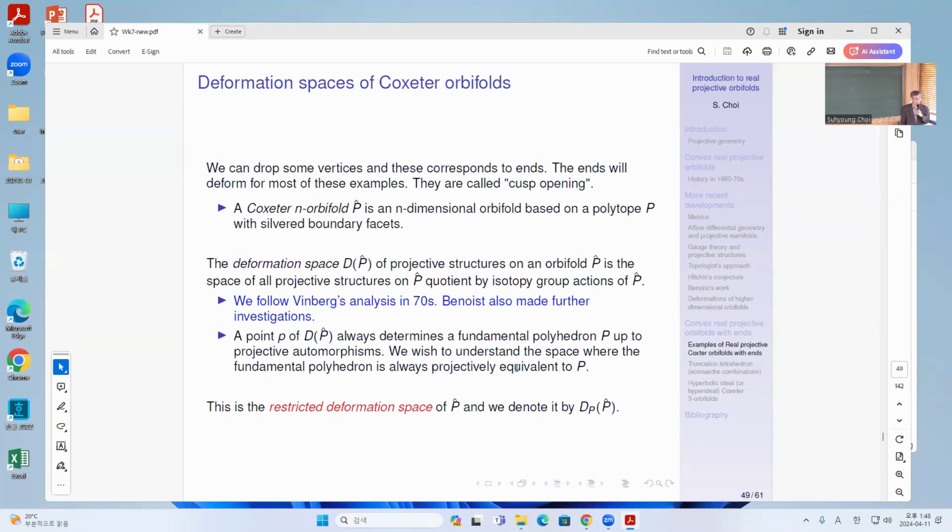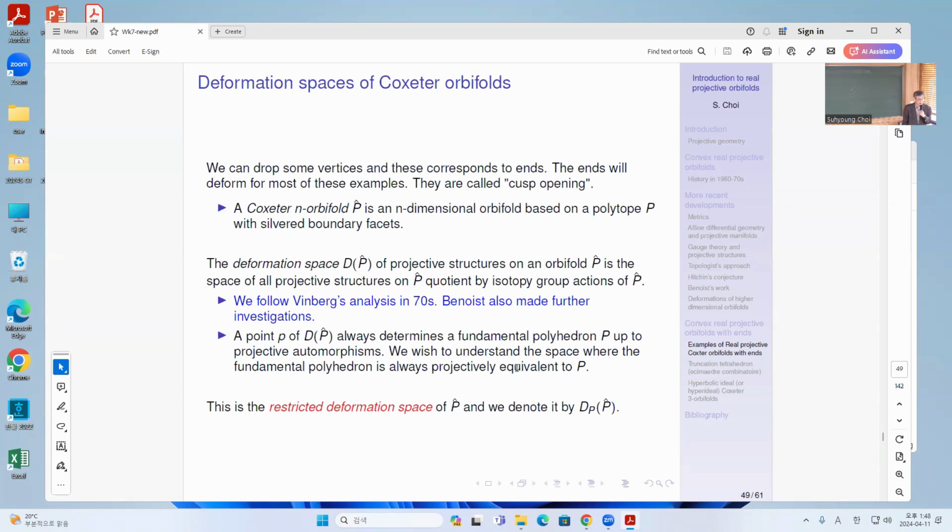The deformation space of projective structures on an orbifold P hat is the space of all projective structures on P hat quotient by the isotropy group action of P hat. Vinberg made the big analysis of this in the 70s, and Benoist continued this.